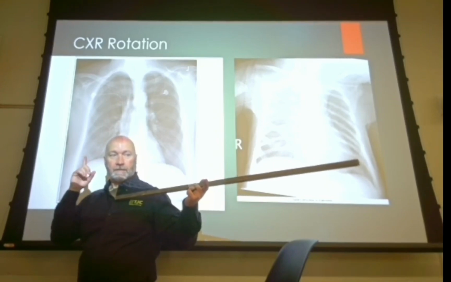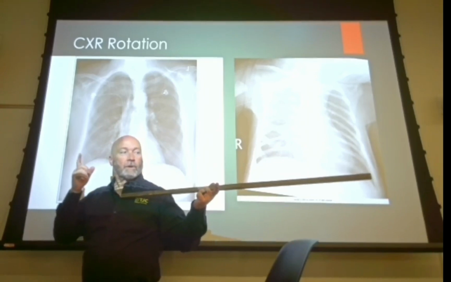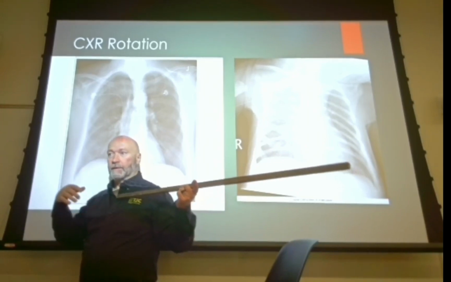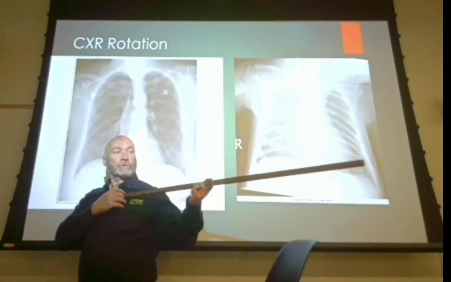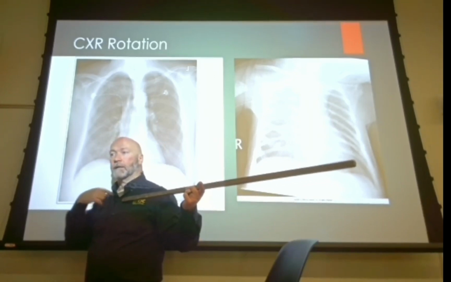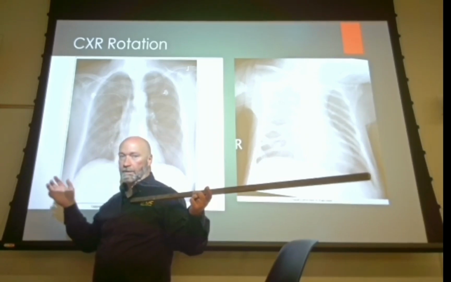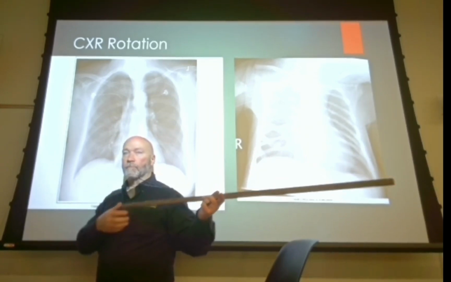More right over the spine. We're going to have more, right? So if your patient is rotated into more of an RPO, what you're going to have is more superimposition between the left clavicle and the spine and less between the right clavicle.